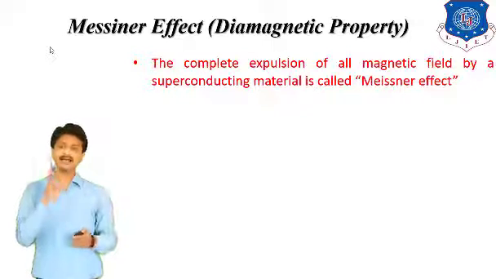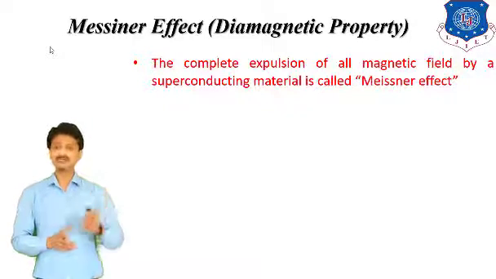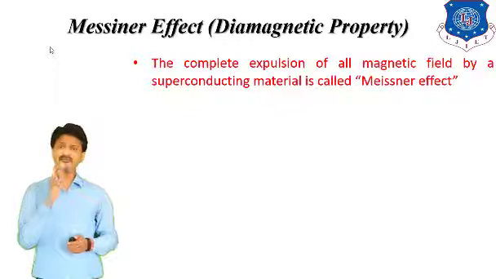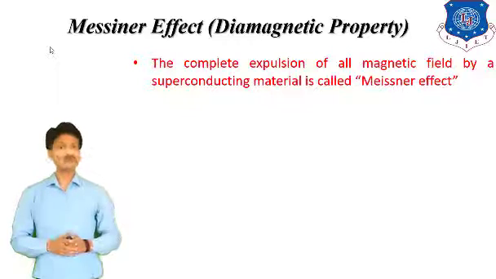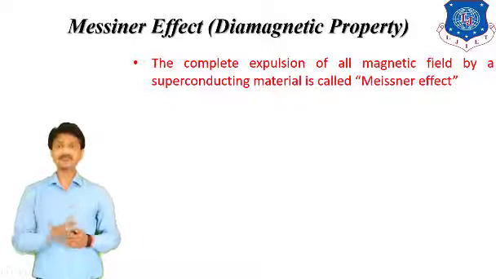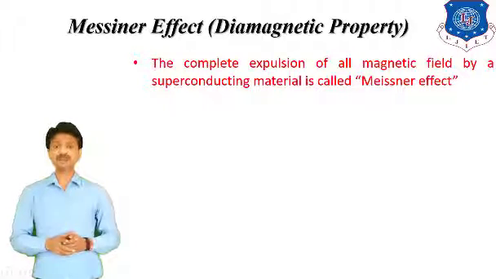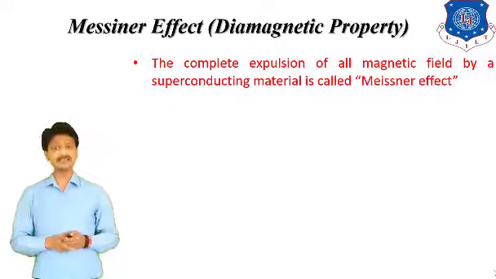We know that there are different types of magnetic materials: diamagnetic, paramagnetic, and ferromagnetic. Ferromagnetic materials are permanent magnets, but a diamagnetic material doesn't allow any external magnetic field to penetrate through it. So again, I revise that important statement. When current flows through the superconductor, it develops magnetization within the superconducting material.